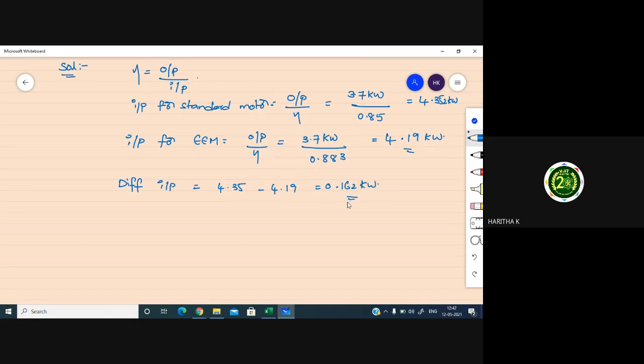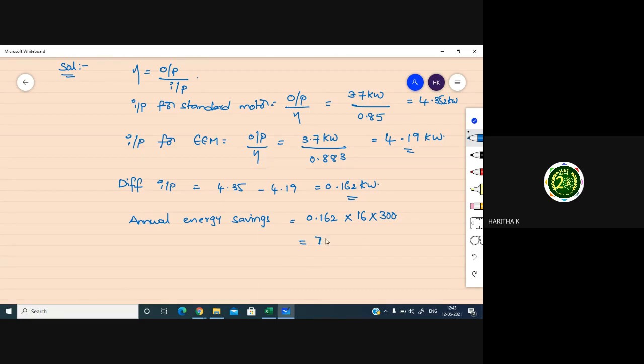It is very less if you see the number, but how much amount of energy it is saving, that's what we have to see. If you calculate the annual energy savings, how much amount of energy it is saving per year, that is 0.162 into per day 16 hours and 300 days per year. Multiply those two, then you will get the annual energy saving.